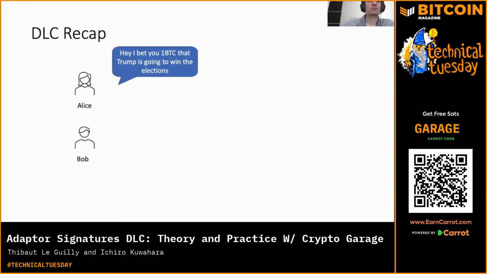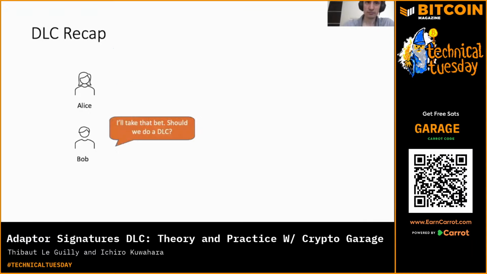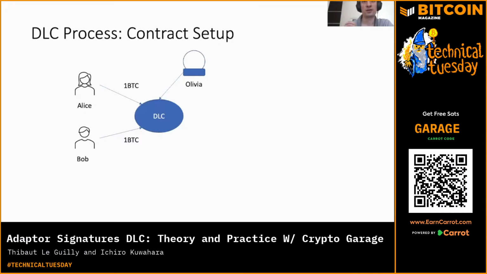Right, so just to recall a little bit the DLC concept, for example, if you have Alice and Bob, and Alice goes to Bob and says, hey, I bet you that Trump is going to win the US elections. And Bob agrees and wants to do a DLC. So what they're going to do is find a so-called oracle, which is a third-party entity that is going to attest to the outcome of the event. And using this oracle, they're going to be able to create a contract of Bitcoin transactions that make up the contract.